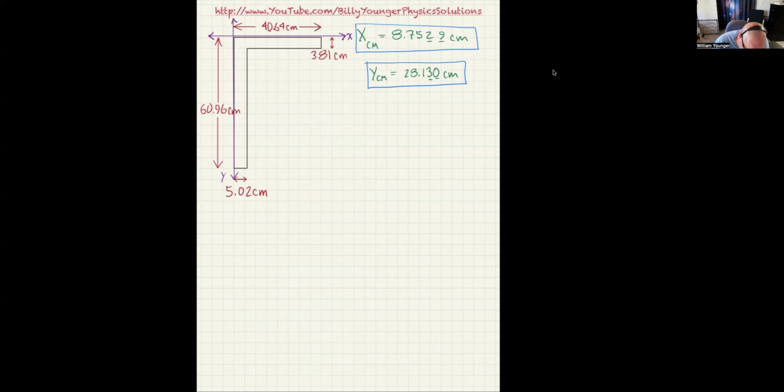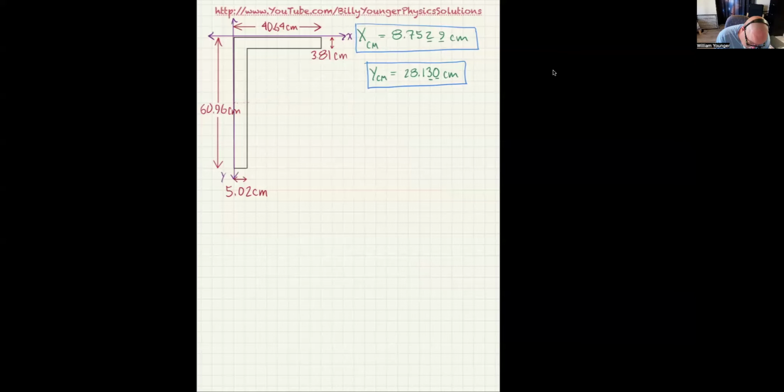I've drawn the 60.96 as if it's 12 boxes. So if I go down six, that would be the midway, right about here would be midway, and I need to go about 46% of that.